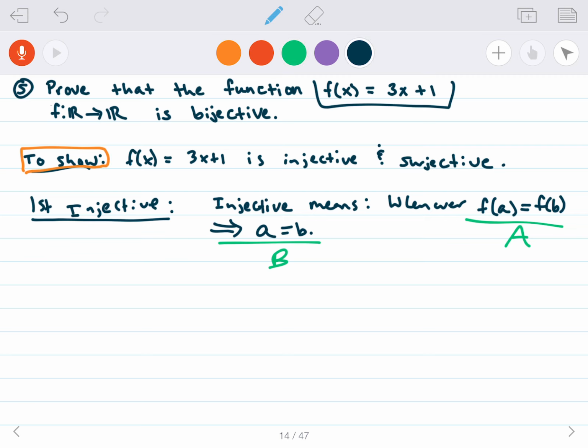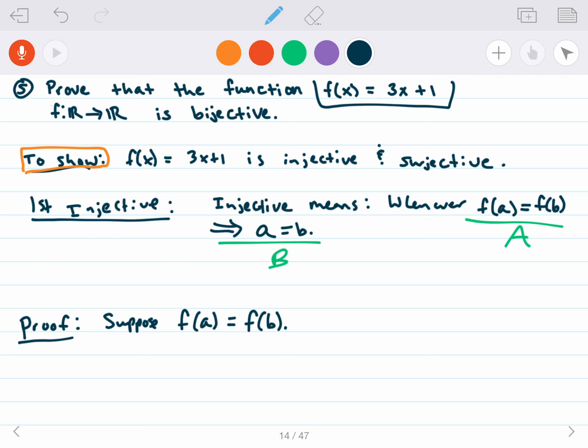So to start this, I write proof. The next thing I want to do is start with my premise. The premise is that this is true. We want to show that this being true implies this. So we want to show that f of a equals f of b implies that a equals b. So suppose f of a equals f of b.